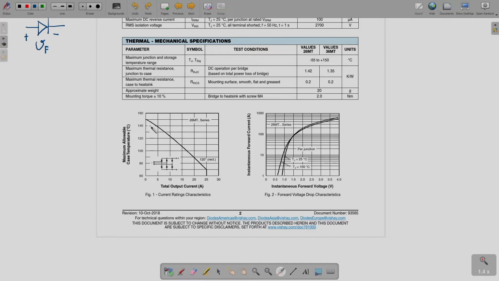So, what you see here is that your case temperature comes down as the total output current increases, and that is very much expected, because as current increases your heat is going to increase, and so temperatures are going to rise quickly, and so to protect the device, there will be an inverse relationship between the amount of current that you flow through and the temperatures that it can withstand, and that is what you see. This comes down as the output current increases.